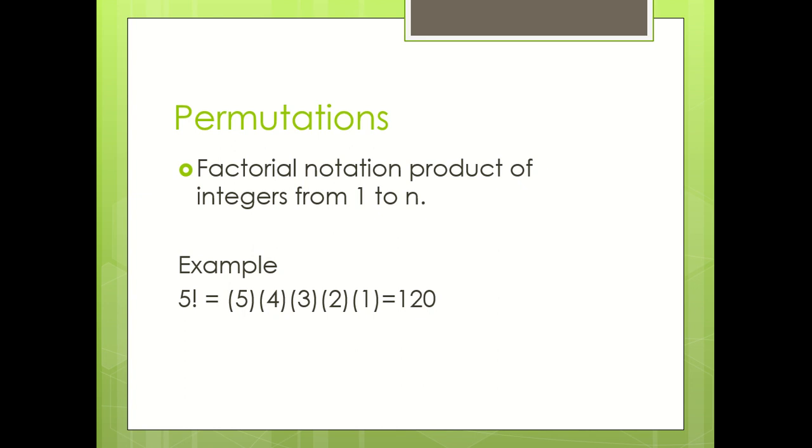Like 5 factorial, if we follow the definition, our n is represented by the 5. So it is just a product of integers from 1 to 5, or you may also do it the other way around, 5 to 1. Anyway, multiplication is commutative. So we have 5 times 4 times 3 times 2 times 1, and the product is equal to 120. So that's how factorial notation works.